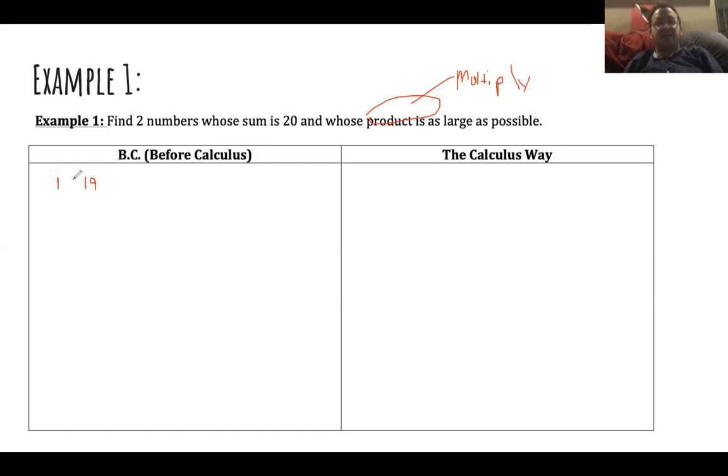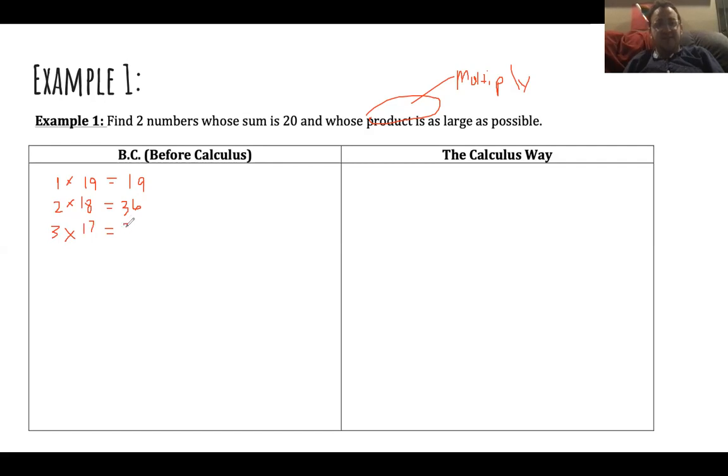So maybe I do 1 and 19. I'm going to try that and I'm going to get 19. Then maybe I know that 2 and 18 add to 20. So I'm going to get 36. 3 and 17.